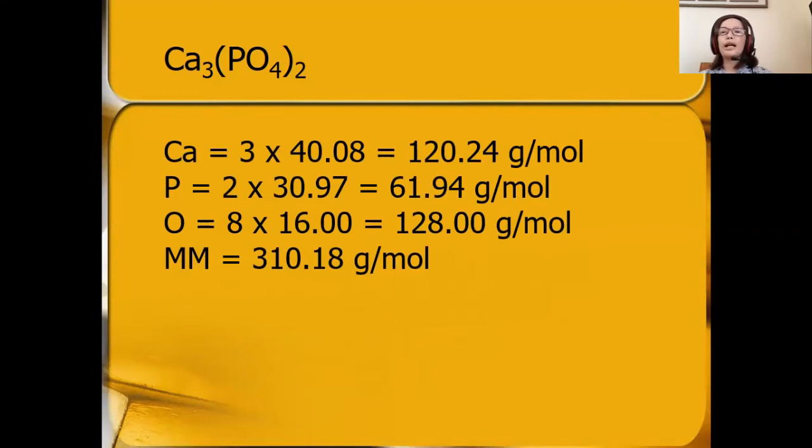Then add to that 2 multiplied by the atomic weight of phosphorus, which is 30.97. And then for oxygen, you have 16. You multiply it to 8 and then add. So the molar mass in grams per mole of calcium phosphate is 310.18. So that's how to get the molar mass.